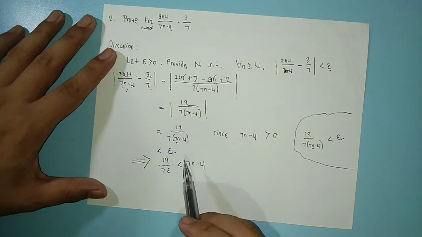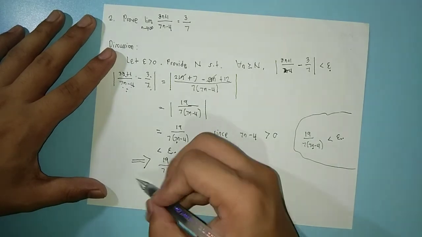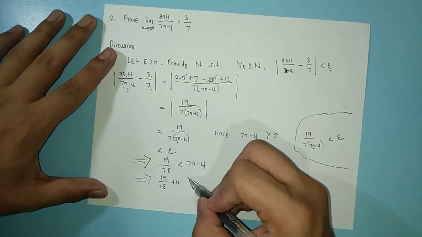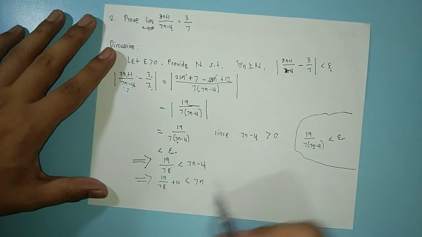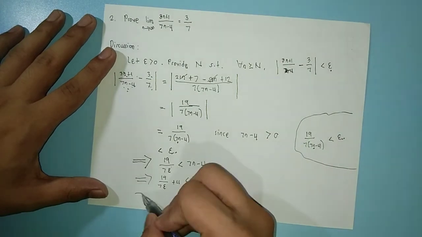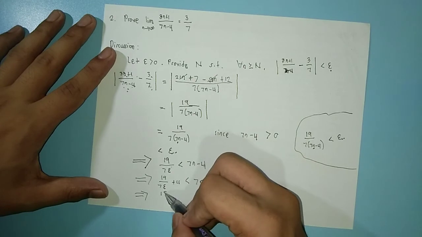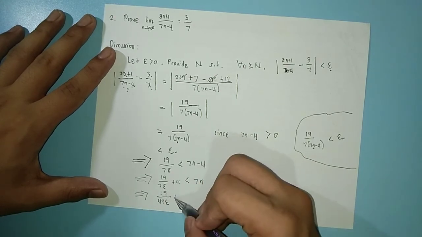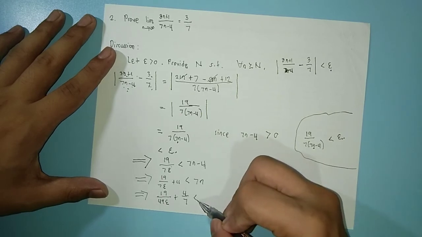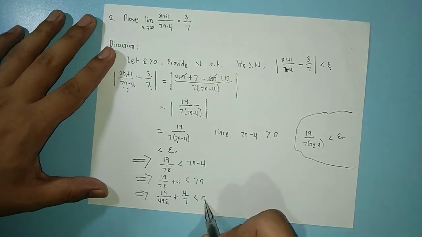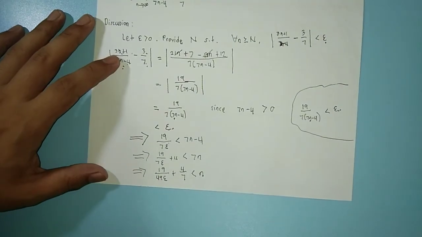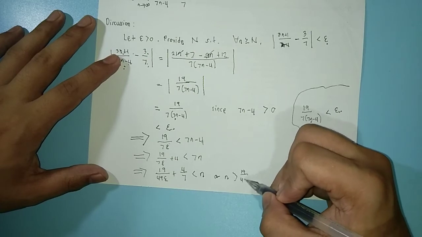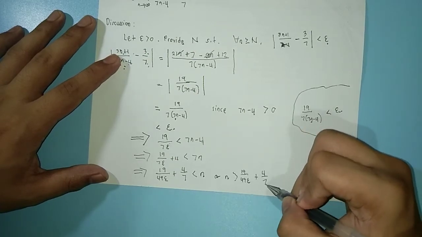Then, ilipat ko tong minus 4 sa kabila. So, magiging 19 over 7 epsilon plus 4 less than 7n. Tapos, divide ko both sides by 7. So, this implies 19 over 49 epsilon plus 4 over 7 less than n. Okay, makakancel na kasi yung 7 dito. Or yung n ay greater than 19 over 49 epsilon plus 4 over 7.